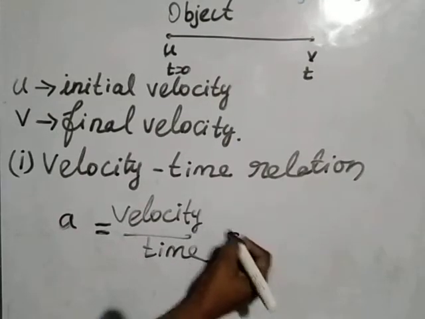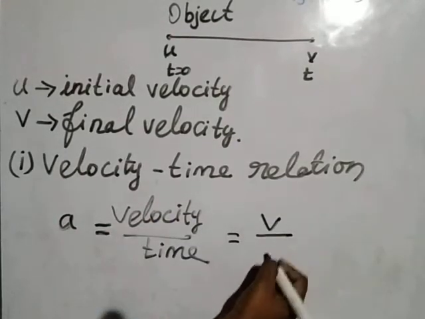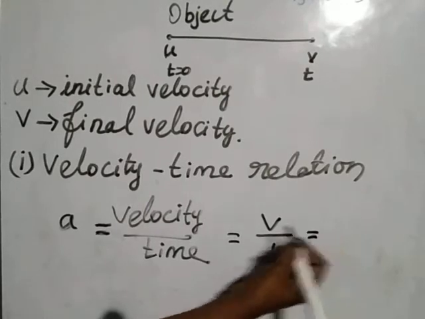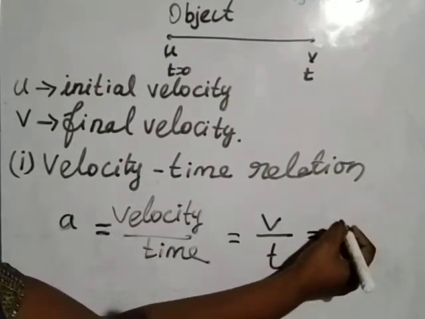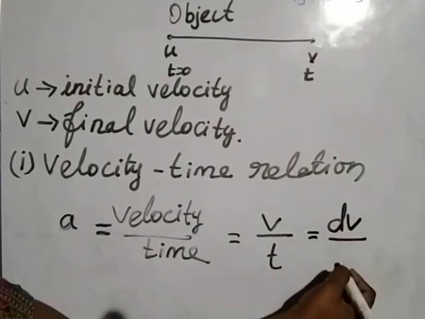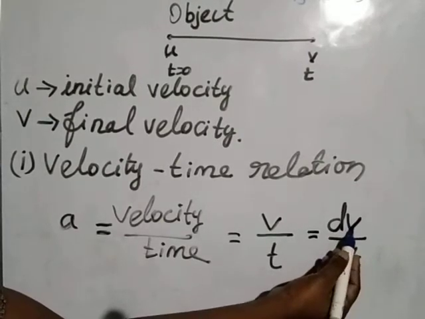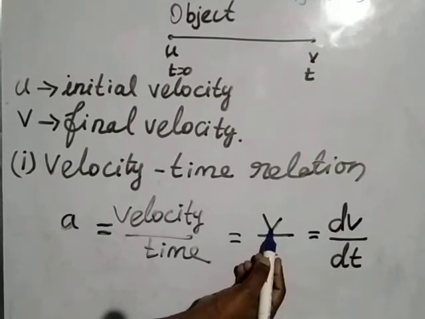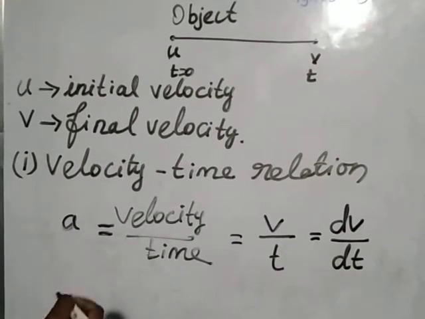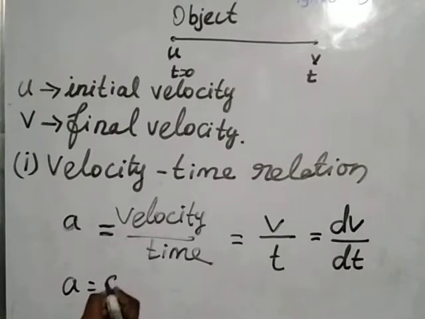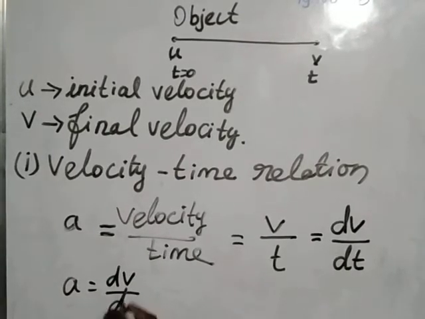This we can write as a equal to v by t. Otherwise, we can write this as the derivative of v with respect to the derivative of time. Derivative of v means a smaller part of velocity. Now the formula is a equal to dv by dt.